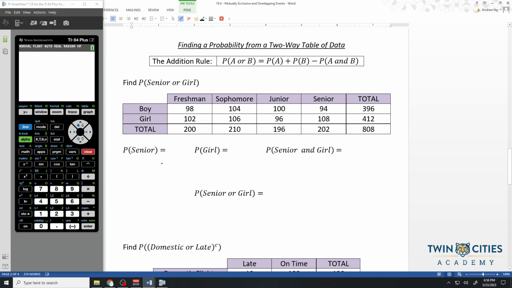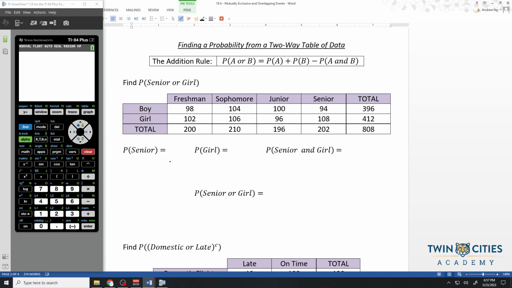So I want to know, what's the probability that this free ticket is going to go to a senior? Say all their names are put into some kind of container, and then they're shuffled up, and then one name is drawn. What's the probability that that name belongs to a senior?